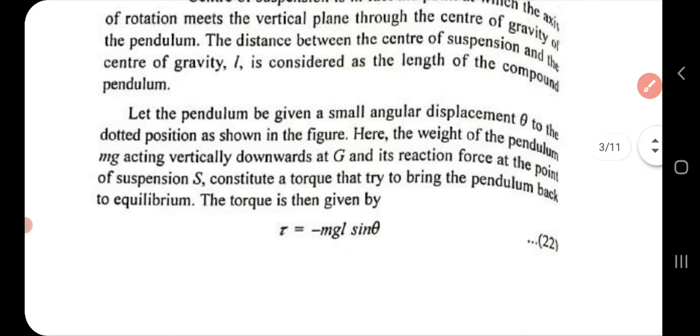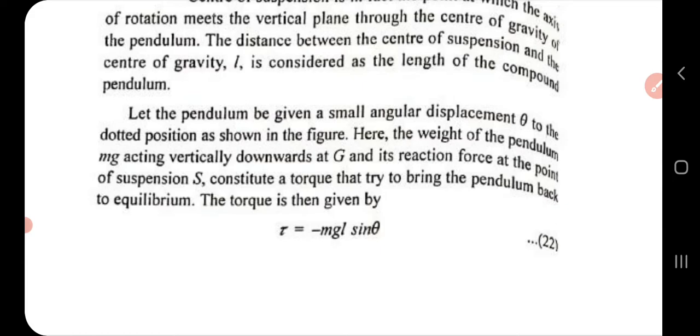Now this paragraph is similar to what we have written for the simple pendulum. Let the pendulum be given a small angular displacement theta. The weight of the pendulum is mg, acting vertically downward. Corresponding to that, there will be a reaction force at the point of suspension, and this weight acting downwards and the reaction force will constitute a torque, and that torque will try to bring the pendulum back to its equilibrium position.